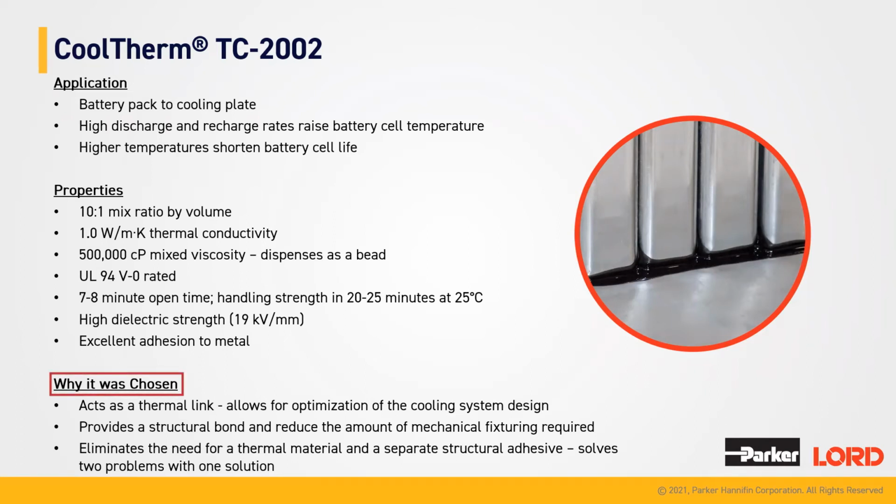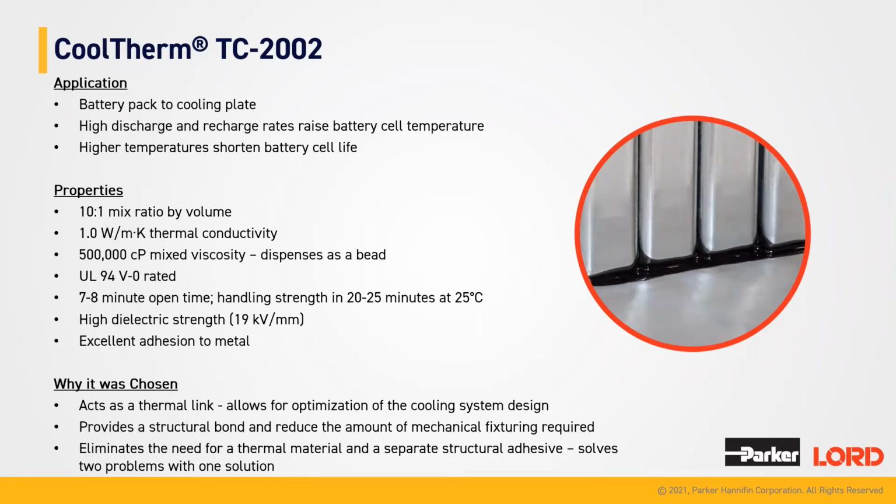So why would TC 2002 be chosen for a specific application? It acts as a thermal link, so it allows you to design and optimize your cooling design system. Another reason is that it provides a structural bond and has the ability to reduce the amount of mechanical fixturing that is needed, because it truly is a two-in-one solution.